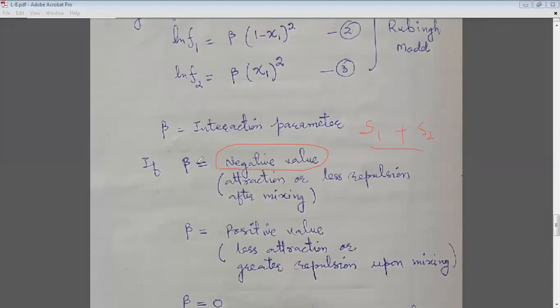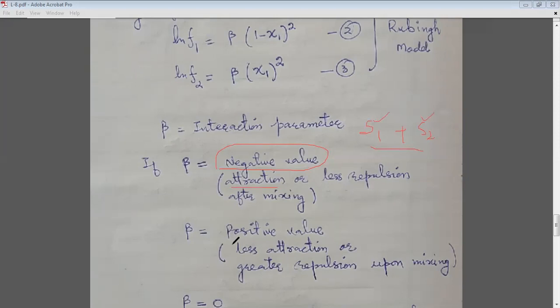So you have to remember, if beta has a negative value, that means there are basically attractions between surfactant 1 and surfactant 2, which we mixed in a mixed micellization.